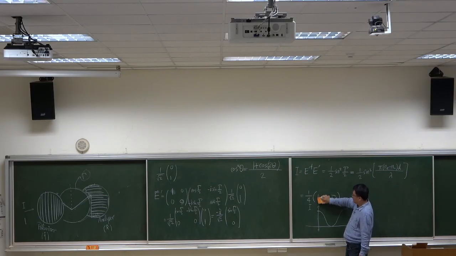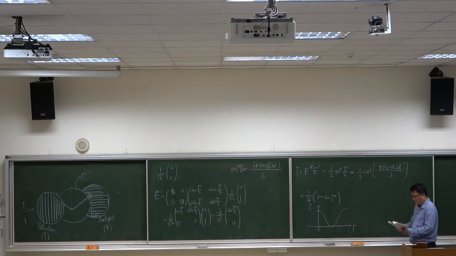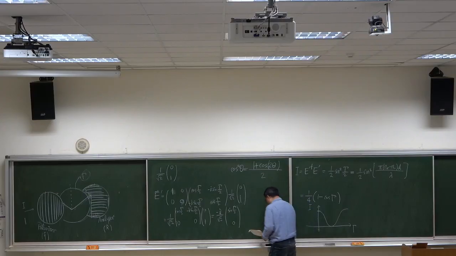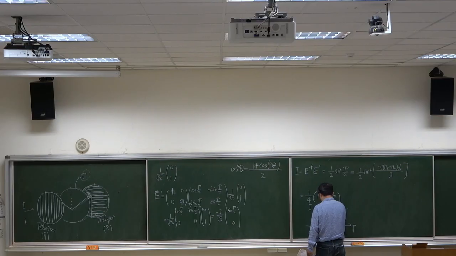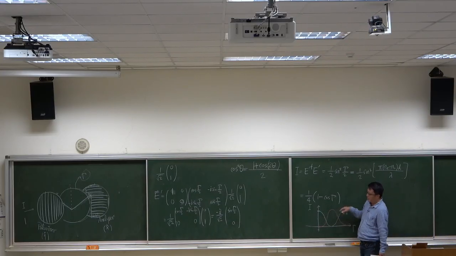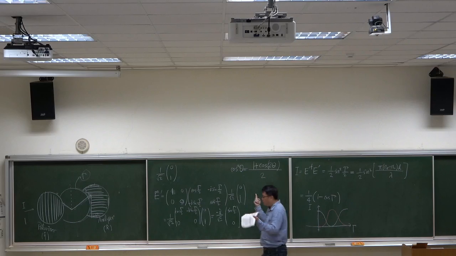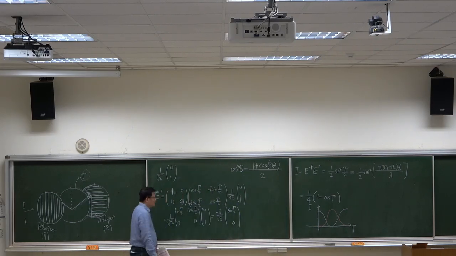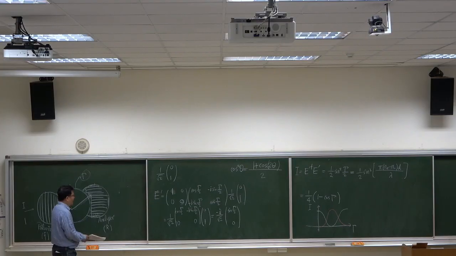And the sine square gives us here a minus sign. And this minus sign tells us that this is equal to this curve. And the sum of these two possibilities gives us 1.